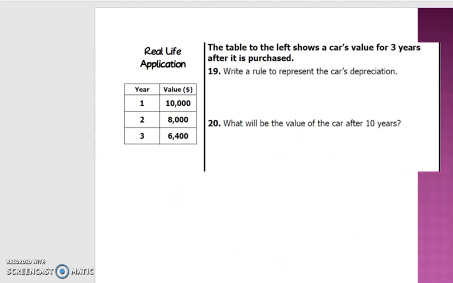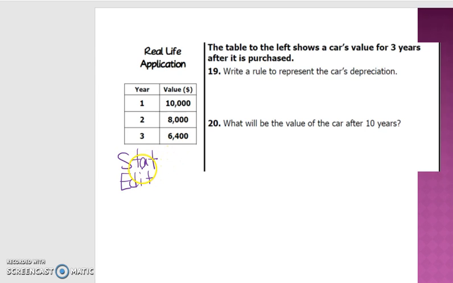Alright, so now we have a table. You're going to have to use your calculators for these. We're going to discuss them in class a little bit deeper. But you're going to go to Stat and Edit. Remember when we went there to find the equation of a line? Well, we can find the equation of an exponential function. Okay? So it says write a rule to represent the car's depreciation. Alright? So we want the rate and we want the initial amount.